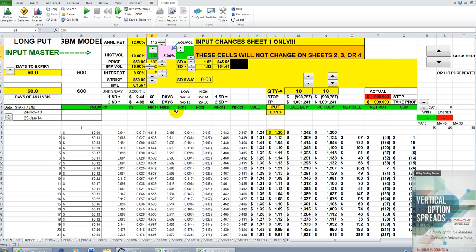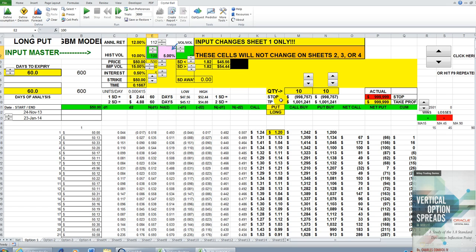But then for this spreadsheet, what I want you to do is to go and check the price. And then what I would like you to do is to actually go and look on the option chains, find the price, and then adjust the implied volatility to suit, because that's really what it is at that particular moment.